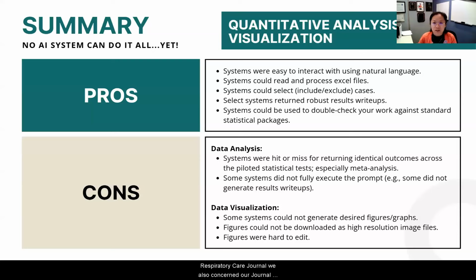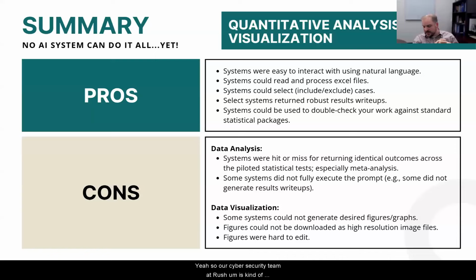Our journal has had much discussion about it, so we are much concerned about the leaking of the data. Do you have any concern on that, especially if this data set contains, I mean, it's all de-identified data, but does this allow for us to upload to ChatGPT to analyze patient data? Do we need to inform or get approval from IRB, etc.? Do you have any comments on that?